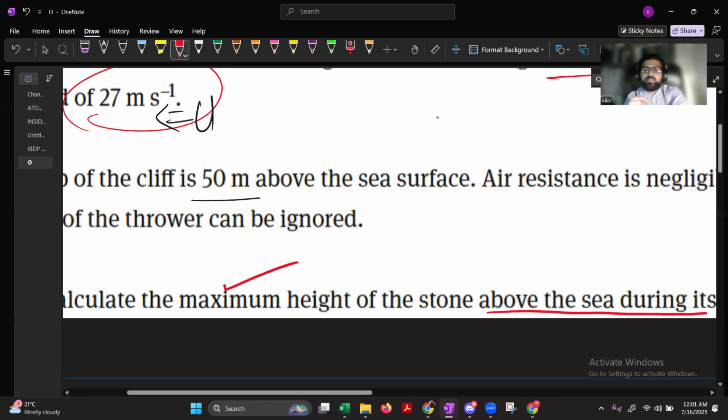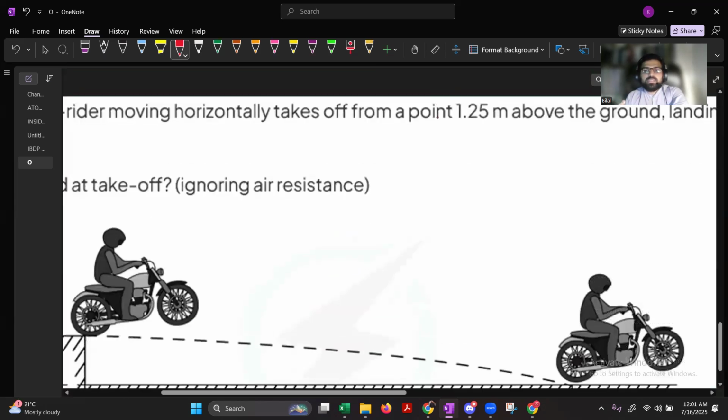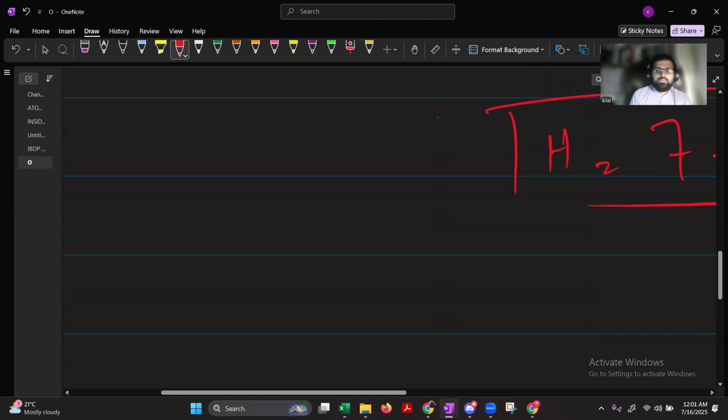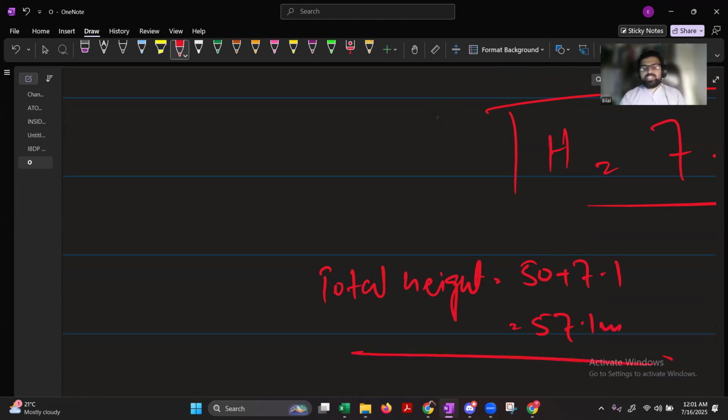If it is the maximum height above the sea during the flight, then the total height will be 50 plus 7.1, which is 57.1 meters. Any question, any issue from your side?